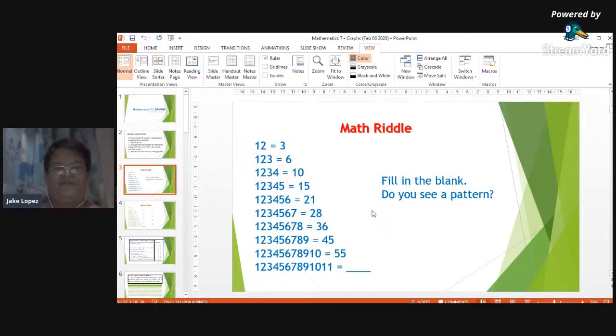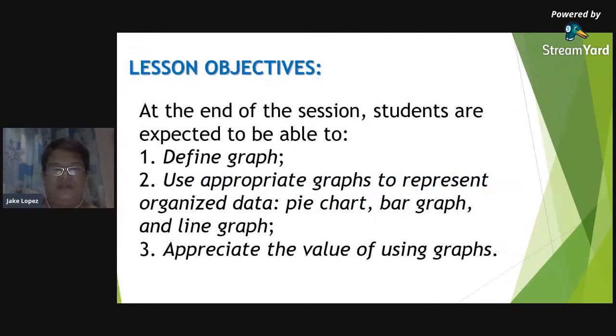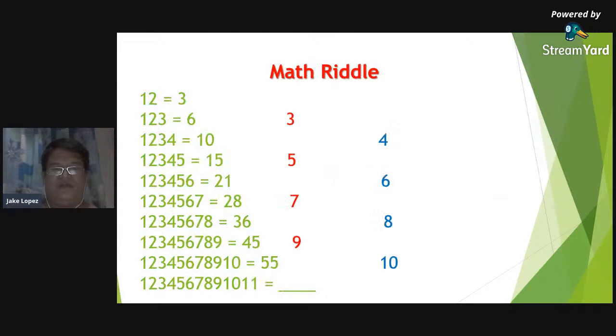Can you see the pattern there? What should be the answer in the blank?